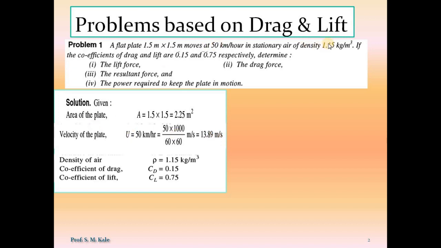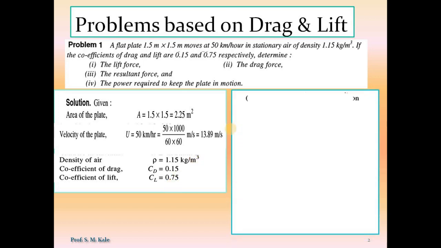Then density of air they have mentioned 1.15 kg per meter cube. CD coefficient of drag, that is nothing but 0.15. CL coefficient of lift, that is nothing but 0.75. Now we'll solve the problem.